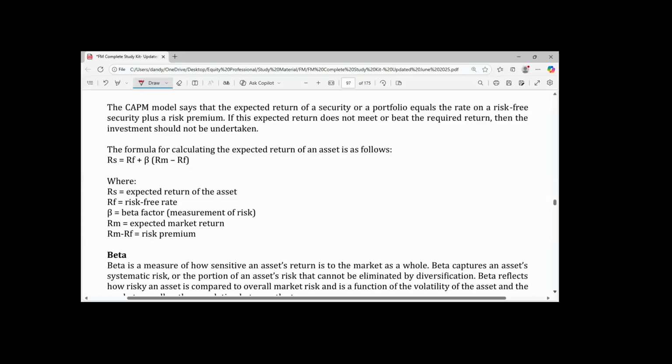When you want to calculate the capital asset pricing model, you want to determine the expected return of a given asset. Expected return is denoted as R_x, which is equal to the risk-free rate of return plus the beta multiplied by market return minus the risk-free rate of return. Are you familiar with this formula? We use it under cost of capital. So this is the formula for calculating CAPM.